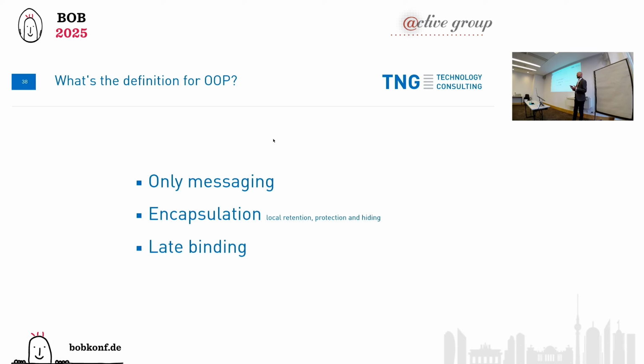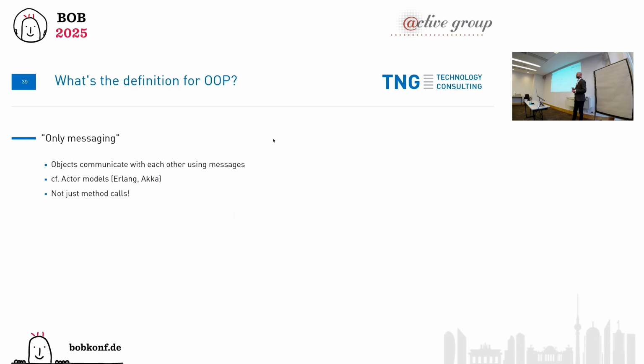And now let's go through the individual bullet points to see what they really mean. The idea of message passing is, of course, taken from the inspiration of biological cells or computer networks. Objects should just exchange messages, and how the message is processed is up to the discretion of the receiving object.